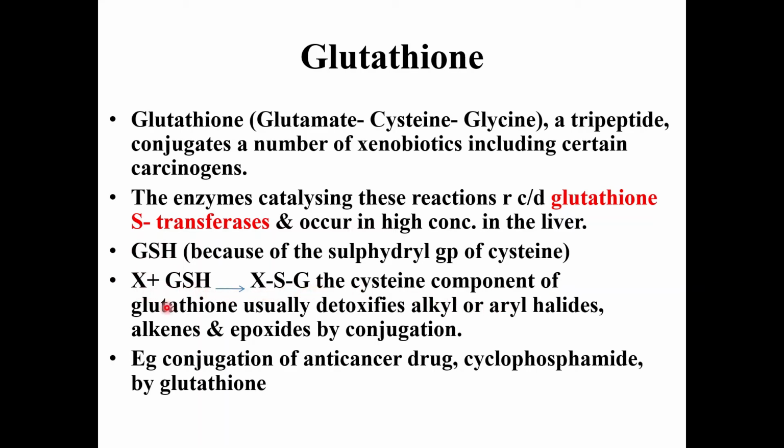The cysteine component of glutathione usually detoxifies alkyl or aryl halides, alkenes, and epoxides by conjugation. So, for example, conjugation of the anti-cancer drug cyclophosphamide by glutathione. These are examples that glutathione conjugates with anti-cancer drugs.